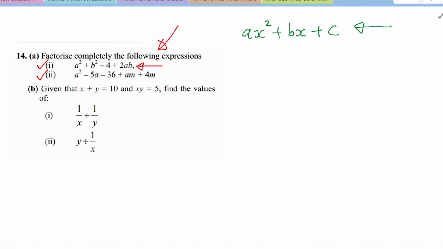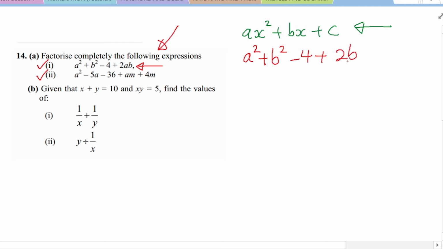Now the expression we have here in the question is a squared plus b squared minus 4 plus 2ab. So what I'm going to do is rearrange it so that it looks like this. In this case, as far as the general form is concerned, my value of x is going to be a. I'm going to make a my value of x.